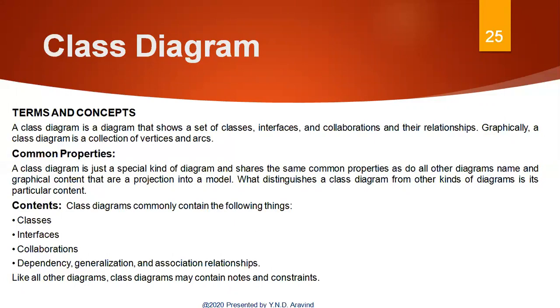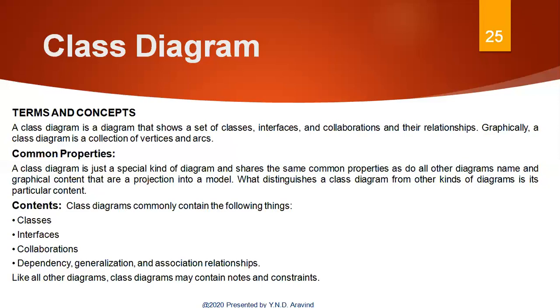Coming to the terms and concepts, a class diagram is a diagram that shows a set of classes, interfaces, and collaborations and their relationships. Graphically, a class diagram is a collection of vertices and arcs.